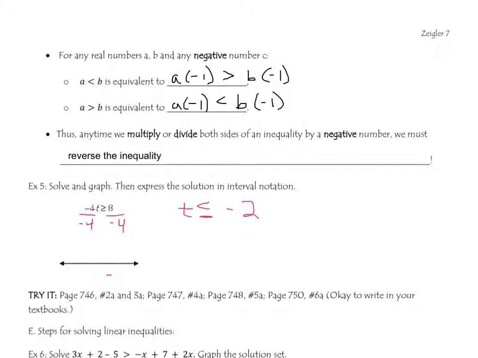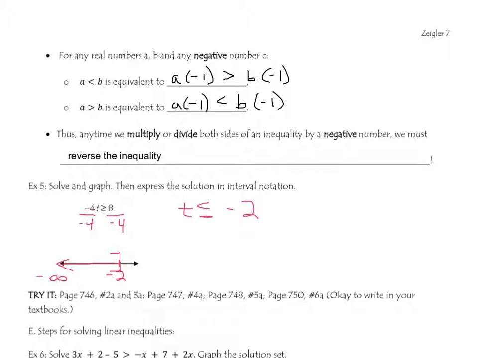Okay, so down here we just have this line. Let's choose any place on the line. I'm going to choose here for -2. There's -2. t is less than or equal to, that means t is to the left and includes -2, so we use a bracket and then we shade to the left all the way to -infinity.